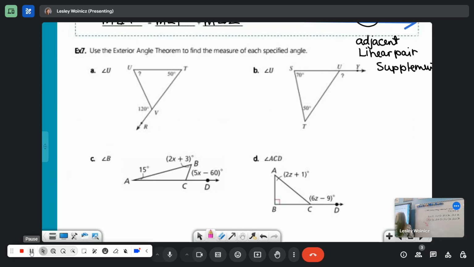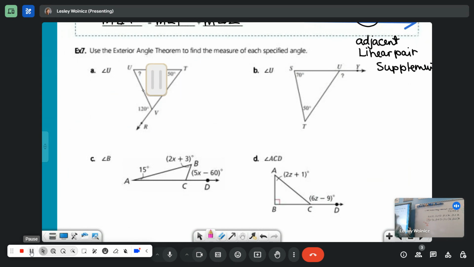It's 70, because this angle plus this angle have to add up to this one. I don't know that this is the most important theorem that we'll ever see, because you can just use the triangle sum theorem and linear pairs and get the same thing.